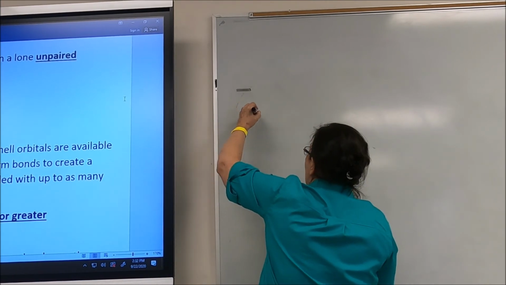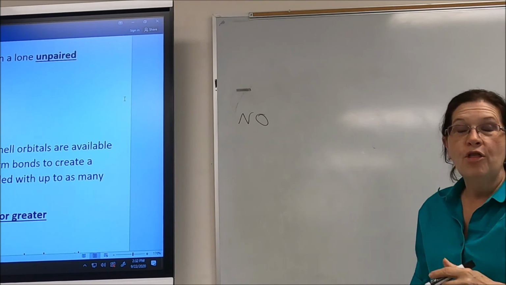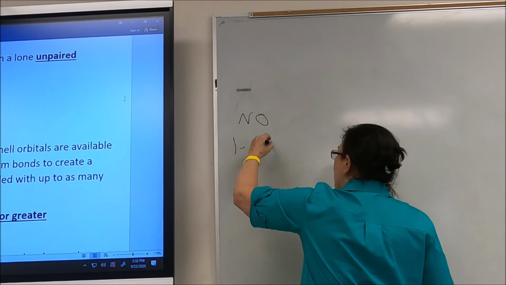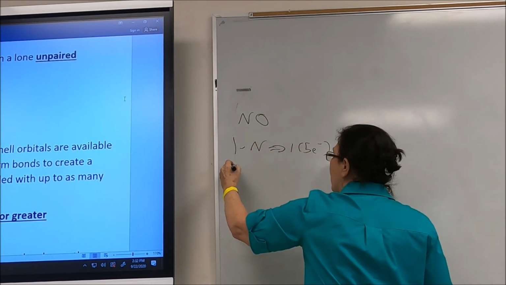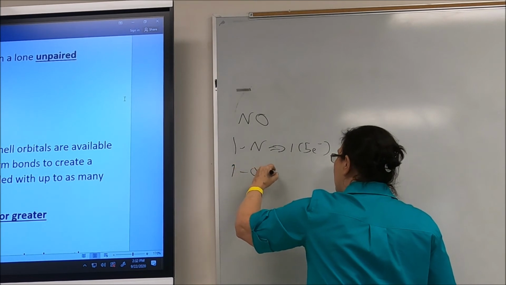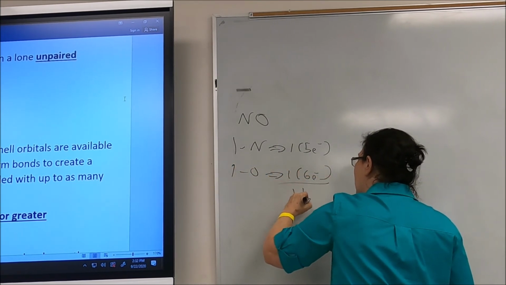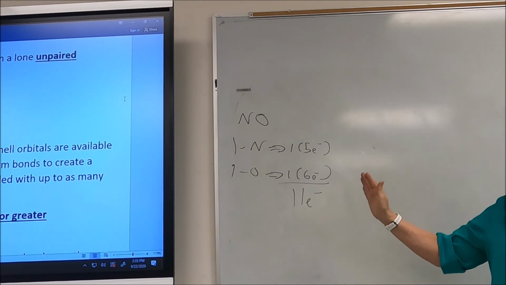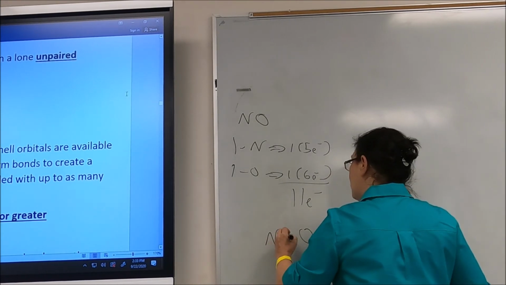So if we looked at something like nitrogen monoxide, the NO molecule, I've got one nitrogen at 5 electrons. I've got one oxygen at 6 electrons. I get 11 electrons. Odd number of electrons, that's why it's called an odd electron species.